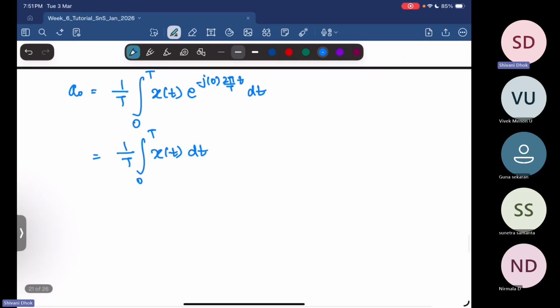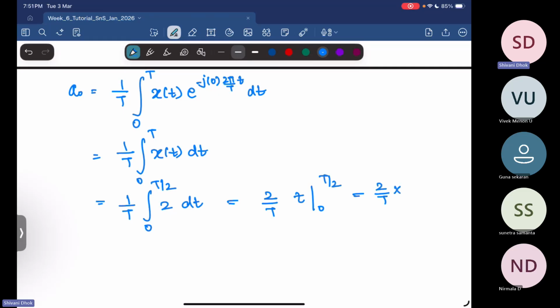Again, this x of t is equal to 2 only for 0 to T by 2. So this becomes 1 by T integral 0 to T by 2 into 2 dt. So this becomes 2 by T into t evaluated from 0 to T by 2. This becomes 2 by T into T by 2 minus 0, that is equal to 1.